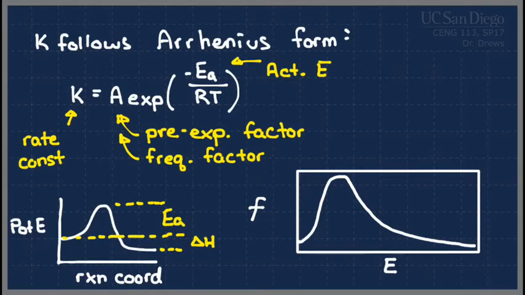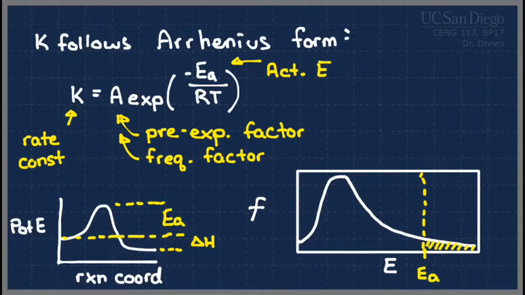And so the activation energy is just sitting out here somewhere like this. And the only collisions that will result in some kind of a reaction are the ones with E greater than activation energy. So it's only the fraction of molecules that are out here. If you integrated the area under that curve, it's only those molecules that are going to be the ones that react. So that's at a low temperature.